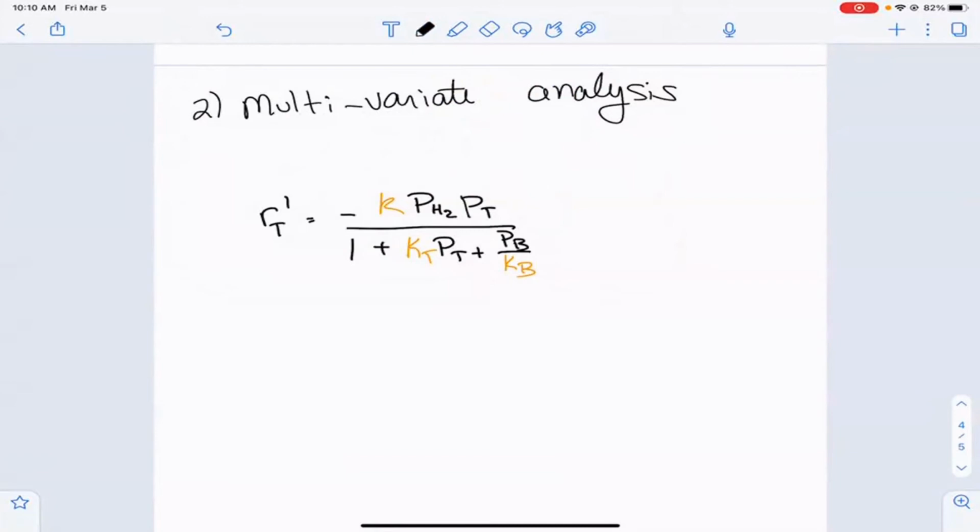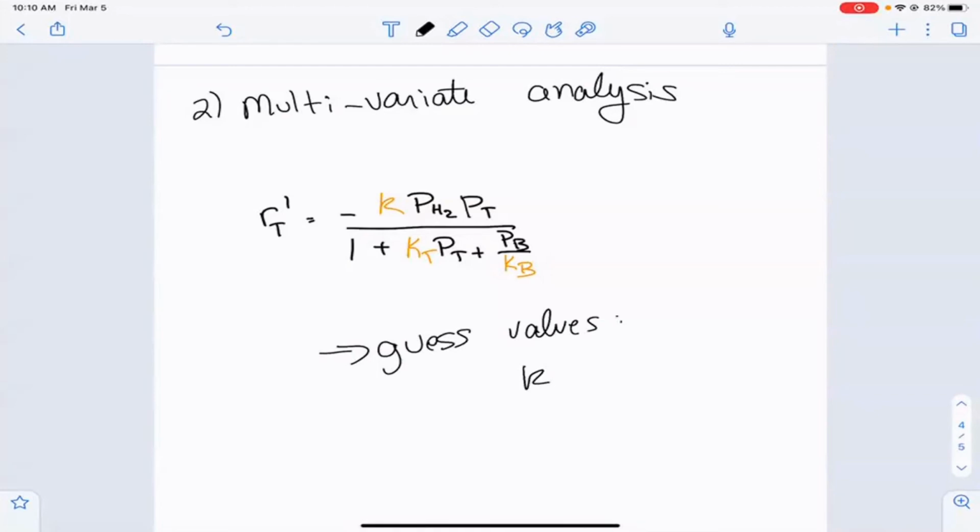One of the things we're going to do is guess initial values for K, KT, and KB, and we're going to use the ones that we calculated in our estimation, when we did the step-by-step.